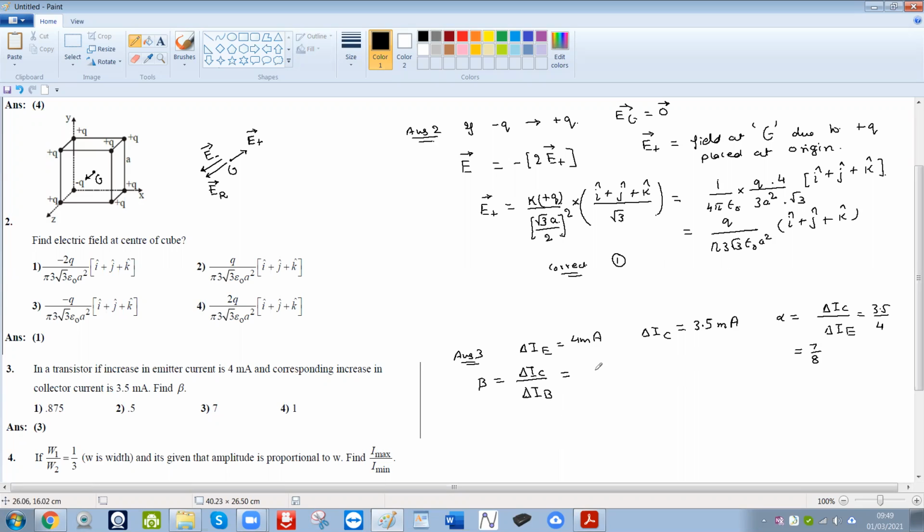This is related to alpha by this relationship. Therefore, we get third option as correct.